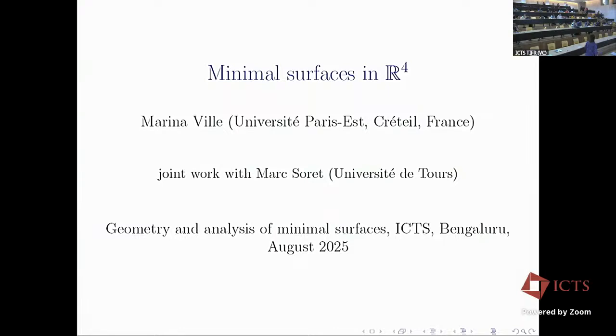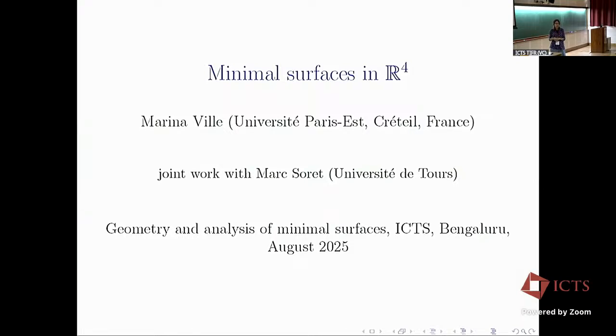Traditionally, minimal surfaces were in R3, and then people moved on, and now they do all kinds of things. They do CMC in R3. We've seen a lot of Lorentz 3-space.